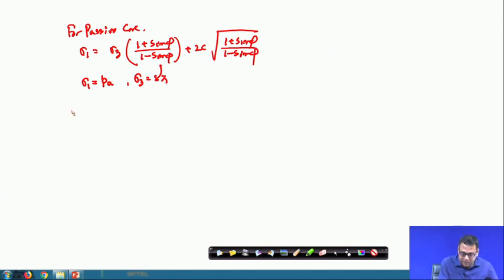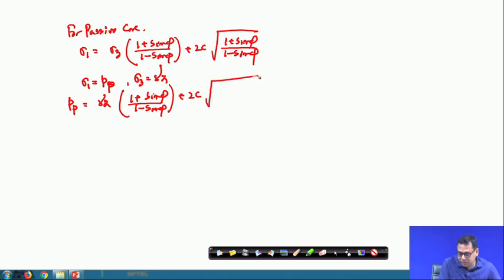So, I can write that P P is equal to gamma z (1 plus sin phi)/(1 minus sin phi) plus 2c root over (1 plus sin phi)/(1 minus sin phi). Okay.